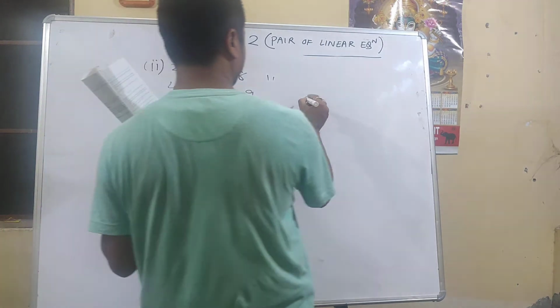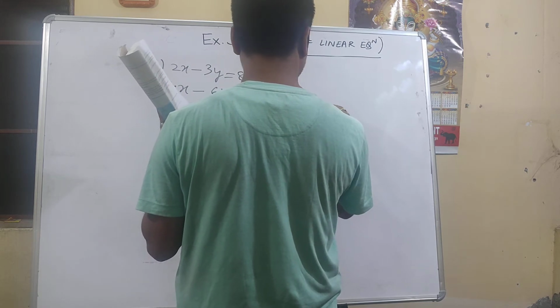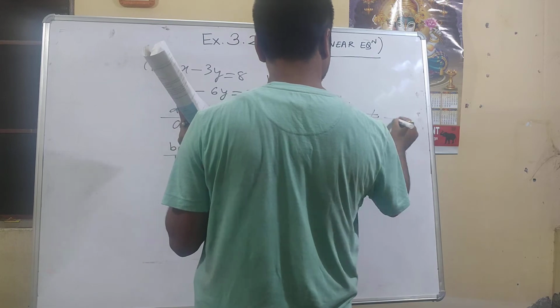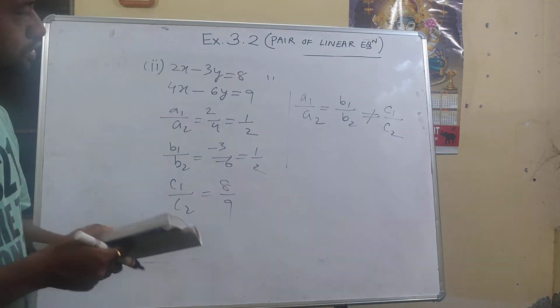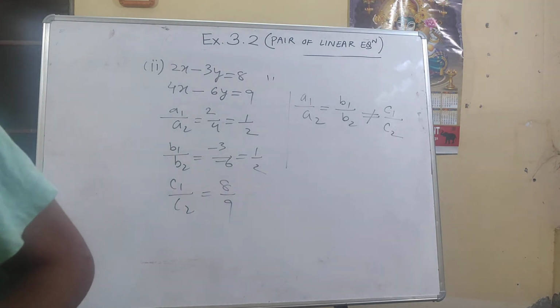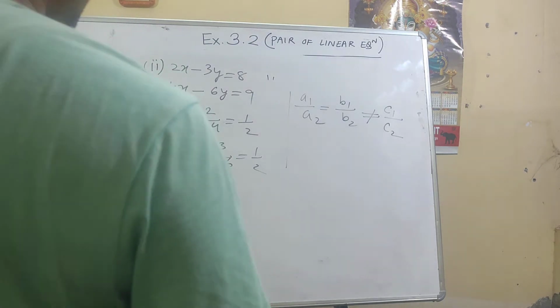So here a1 by a2 is equal to b1 by b2 but does not equal c1 by c2. When these conditions are satisfied, is it consistent or inconsistent?